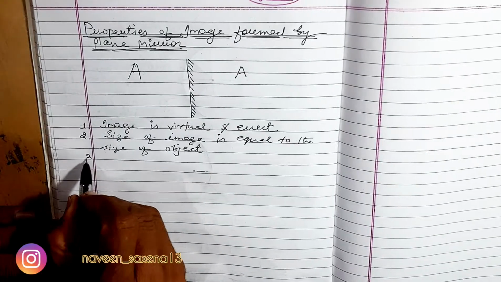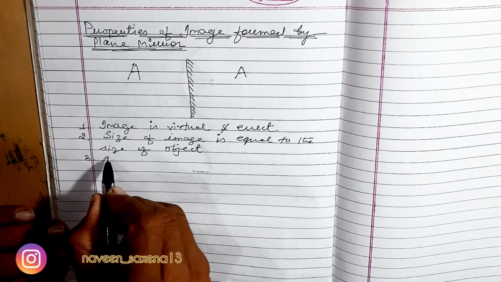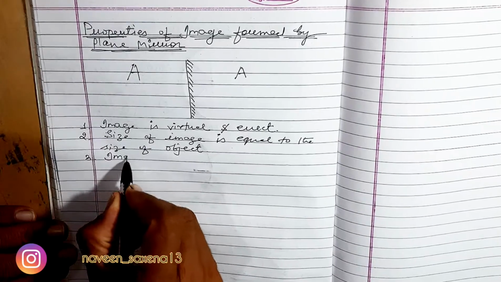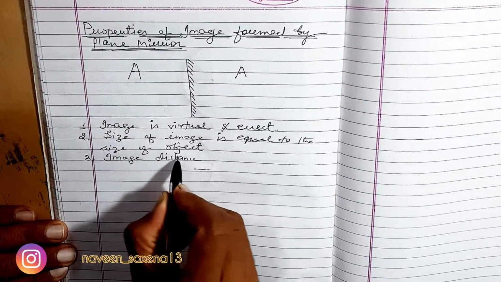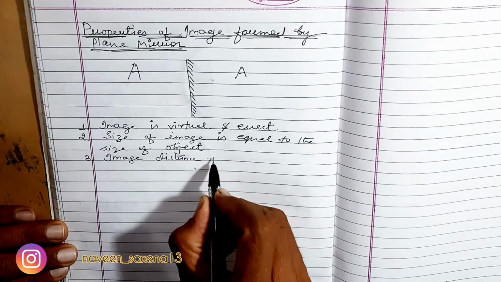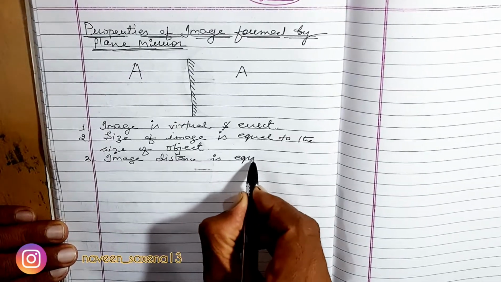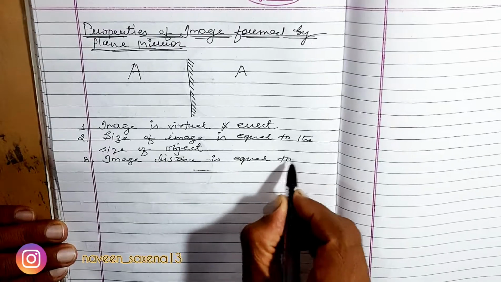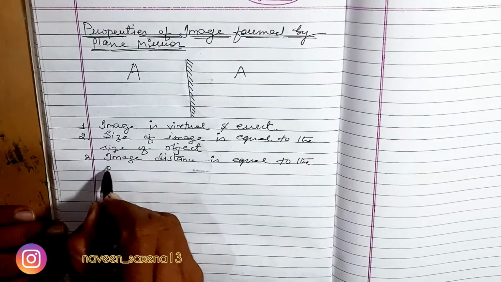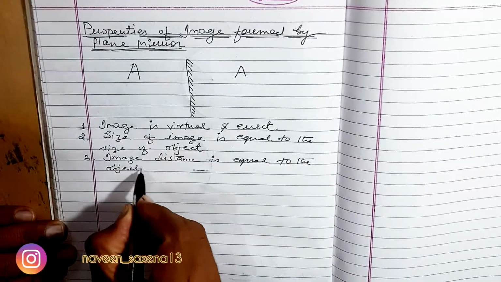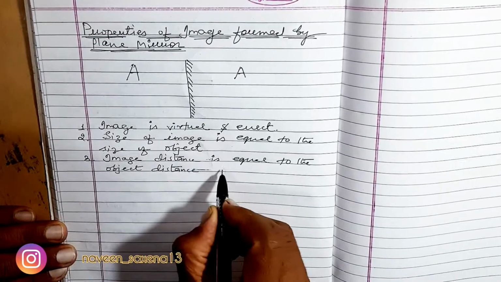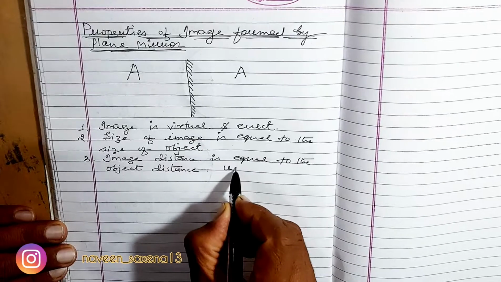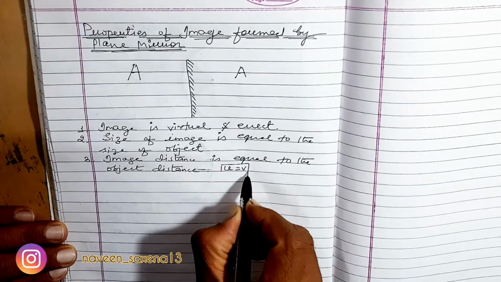Third, image distance is equal to the object distance. This is u is equal to v.